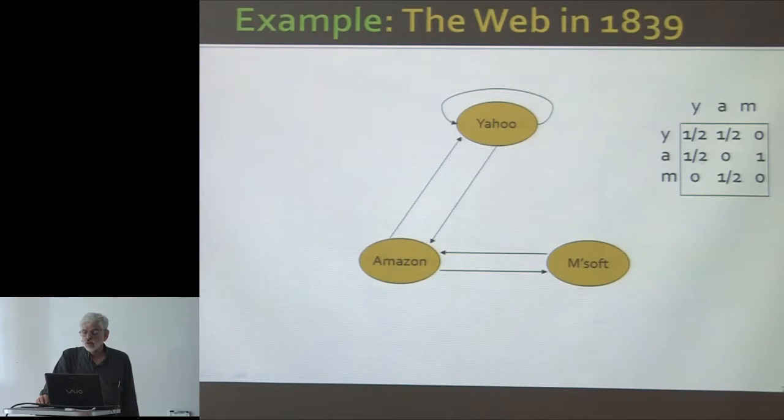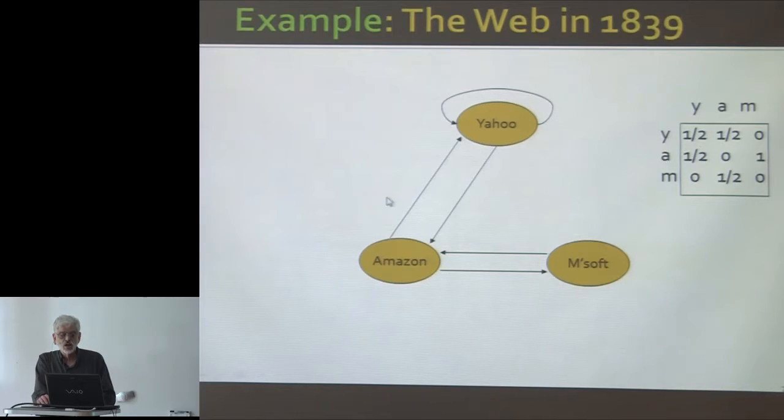So if we look at the column for Yahoo, it's got 2 links out, so the non-zero entries will be a half. And in the row for Yahoo, there's a half because Yahoo links to itself. There's also a half in the row for Amazon because Yahoo links to Amazon. It doesn't link to Microsoft, so there's a 0 here. So this web graph is represented by that matrix.